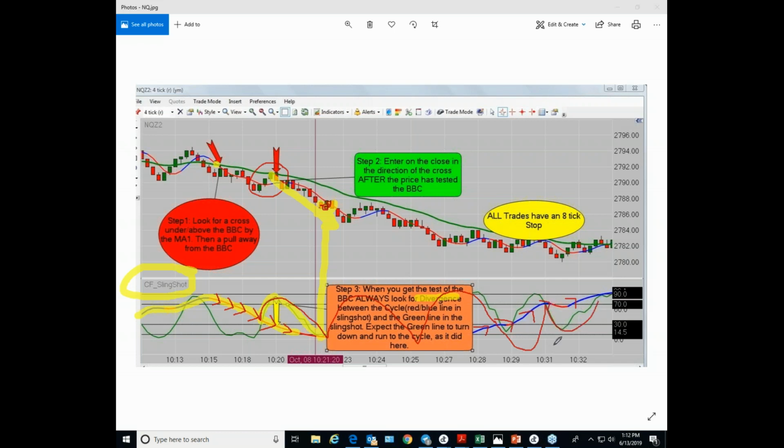Pulling away, getting into the cycle. So in the end, what you end up doing is selling this top, selling that top, selling that top, buying the stiff and buying the stiff. That's it. That's why it exists down here in the slingshot.